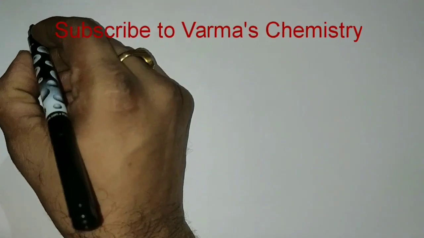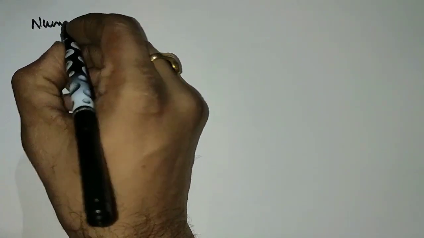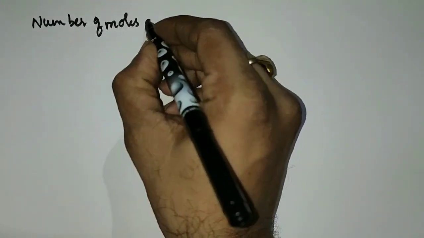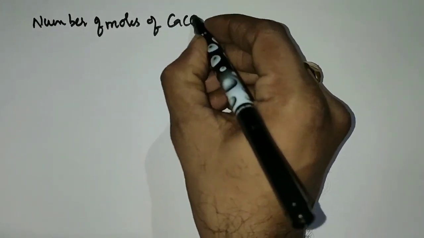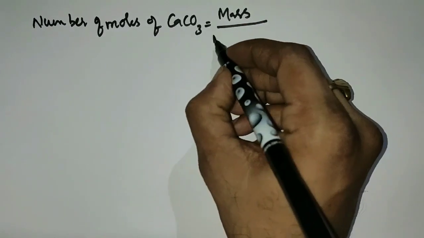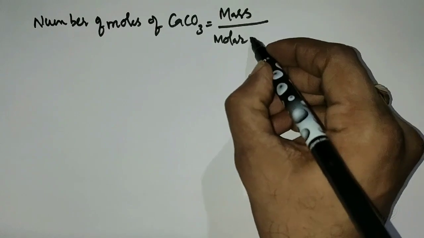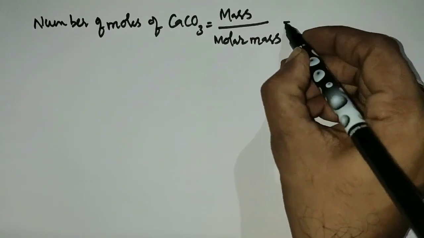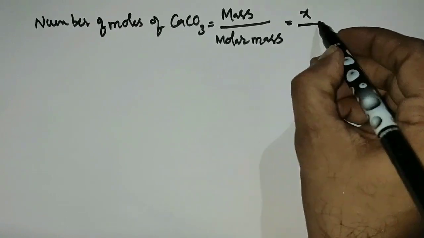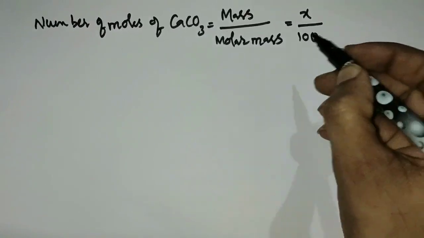From the given data, number of moles of CaCO3 is equal to mass by molar mass. Mass of CaCO3 is taken as x grams and molar mass of CaCO3 is 100.